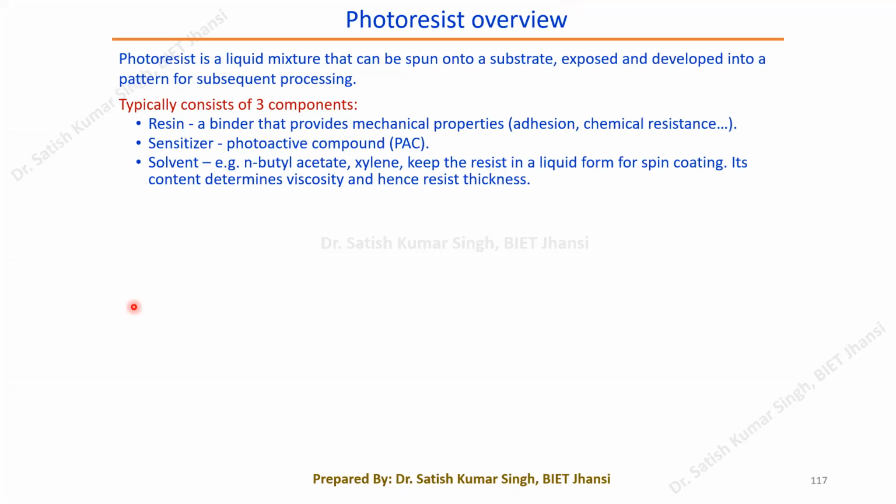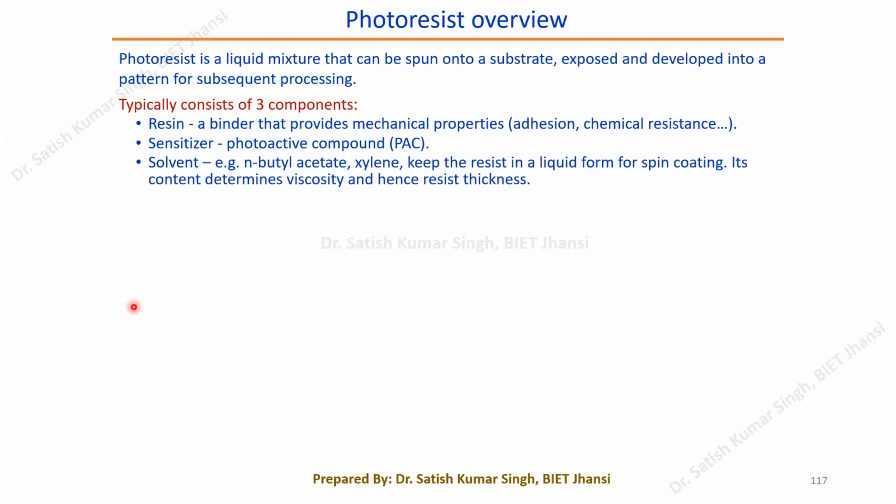So in the last lecture, we already discussed the photolithography overview, in which we saw the various light sources that can be used for exposing the wafers. After that, we saw the photo mask, including photo mask fabrication, the different materials that can be used, and how the photo mask can be fabricated.